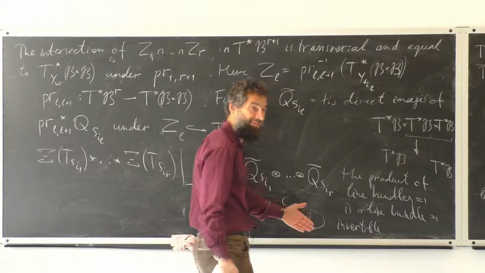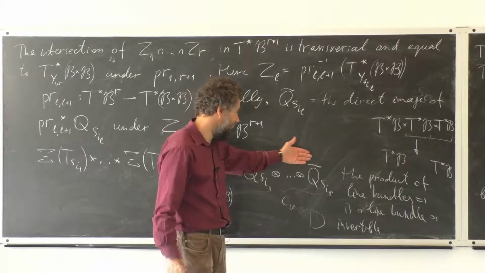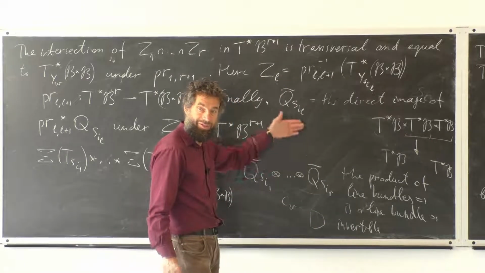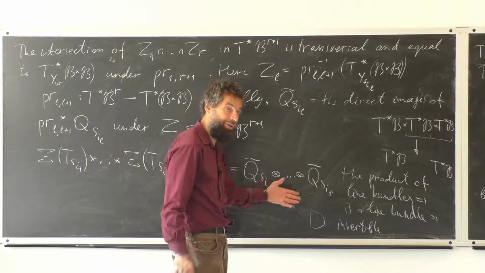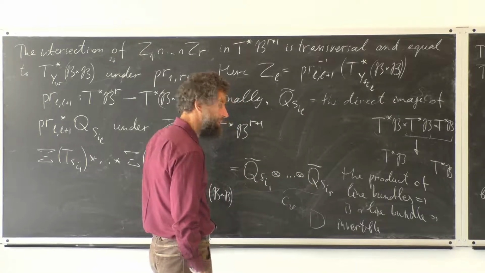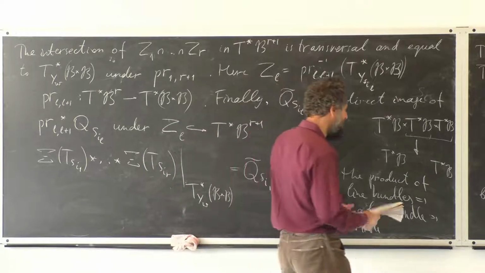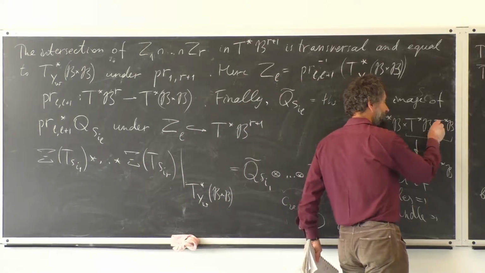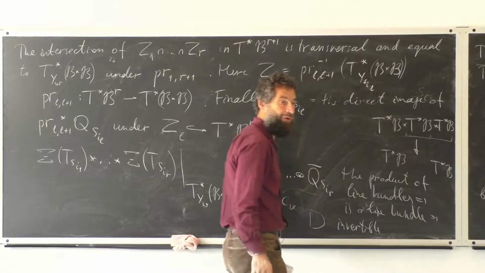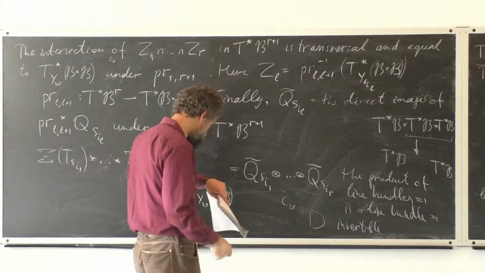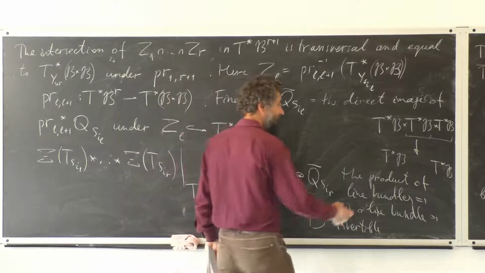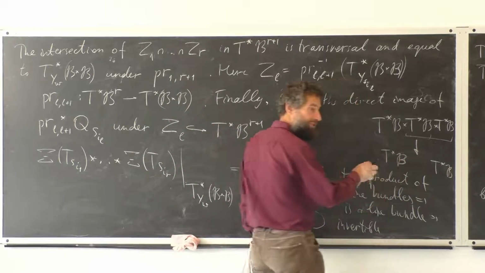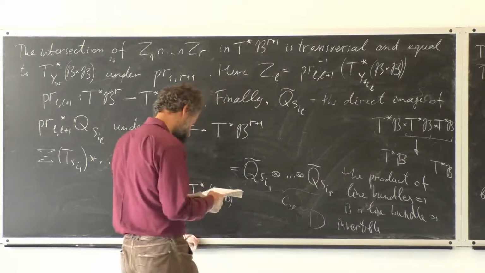There's just an isomorphism, and whatever line bundle we had on this intersection goes isomorphically to the same line bundle on the open Schubert cell. Okay, so the hard part is on the boundary. We know nothing about this, and this will be the subject of later research. But modulo the boundary, this is all very straightforward. Okay.